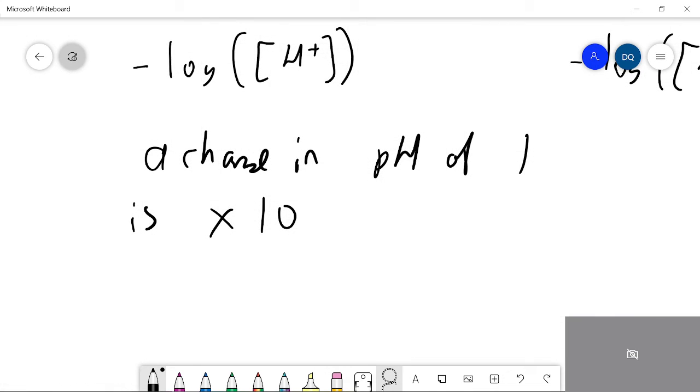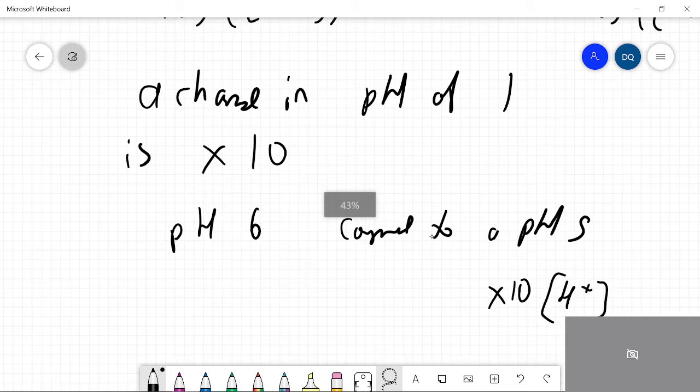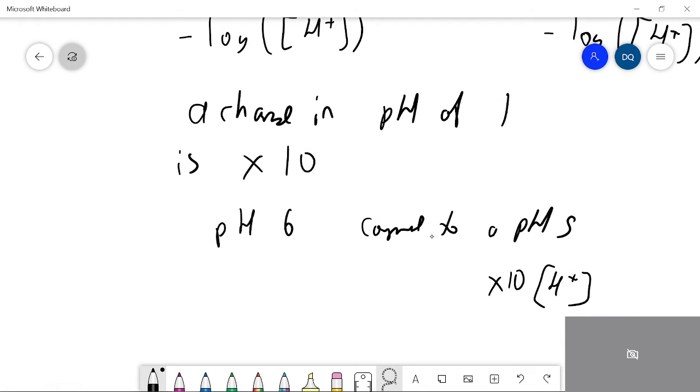So for example, if you have a pH of 6 compared to a pH of 5, the pH of 5 has 10 times the H plus ion concentration of the pH of 6. So if you go down 1 pH, you have 10 times as much of a hydrogen ion concentration.